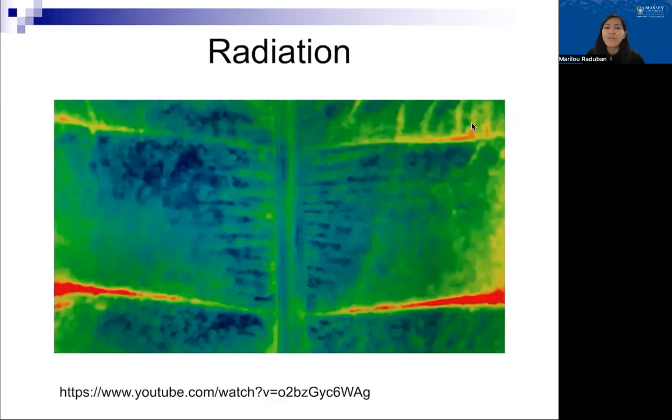Okay. But before we go to Stefan-Boltzmann's law, there is this good video that illustrates radiation. So this video shows you a thermal image of an object, and the thermal image sort of shows you how heat is lost via radiation. So watch this video.